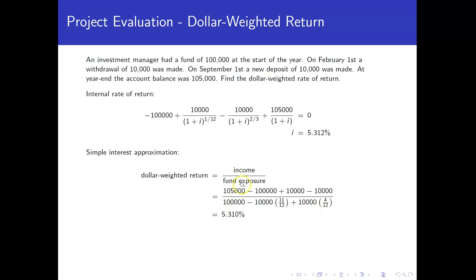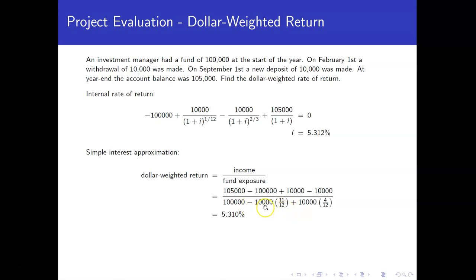All right, so then how do we consider what's referred to as the fund exposure? Well, the $100,000 sat there for an entire year, so we take the $100,000 times the time. The $10,000 that we took out is out of there for 11/12 of the year.